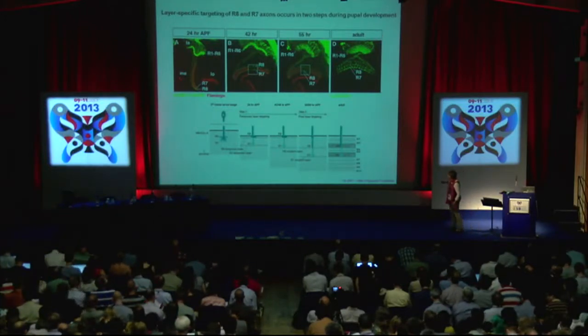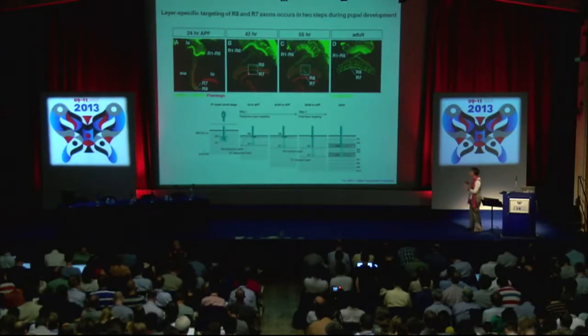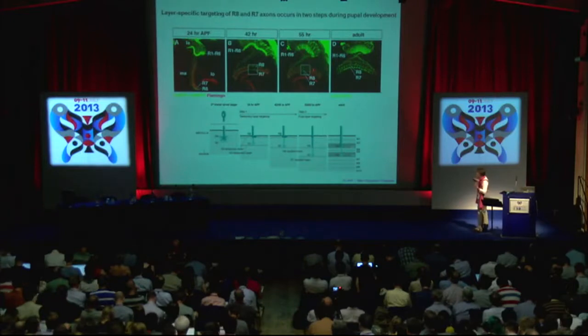But focusing on the medulla, you can see that first R8 and R7 axons are terminating in temporary layers, and R8 is right at the border of the neuropil. Then you need to have a rotation of the medulla, and still R8 and R7 are in temporary layers. And finally, at 55 hours of pupal development, R8 proceeds to its final layer, M3, and R7 to the M6 layer.